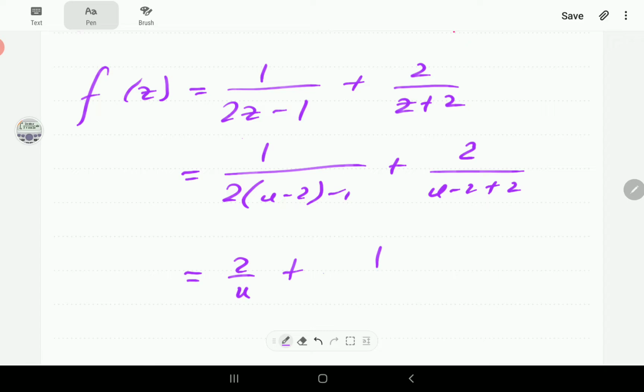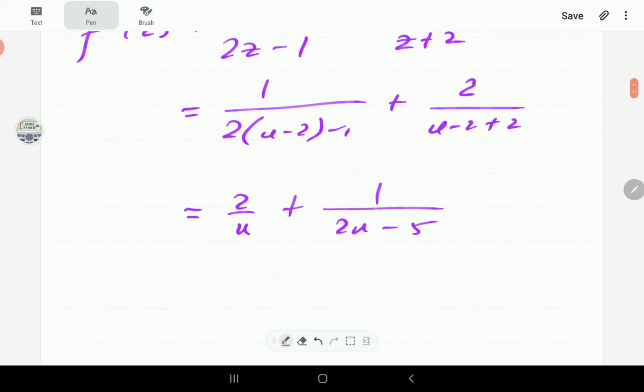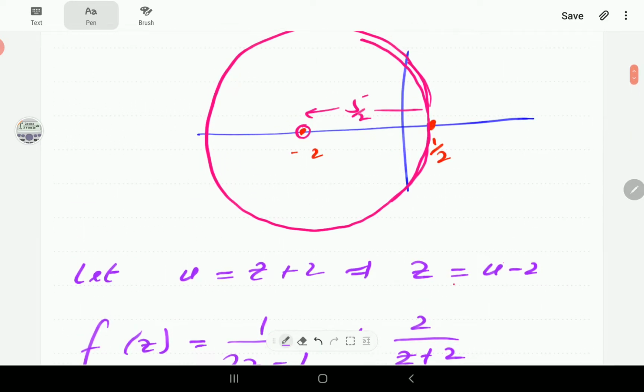And then this other one is going to be 2u minus 5. So this is the one that is going to be associated with the singularity here, which is a distance of 5 halves.